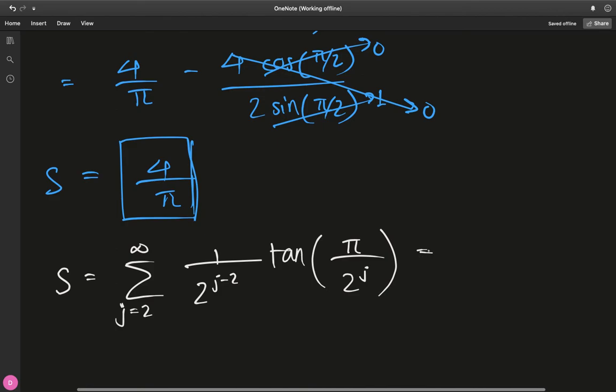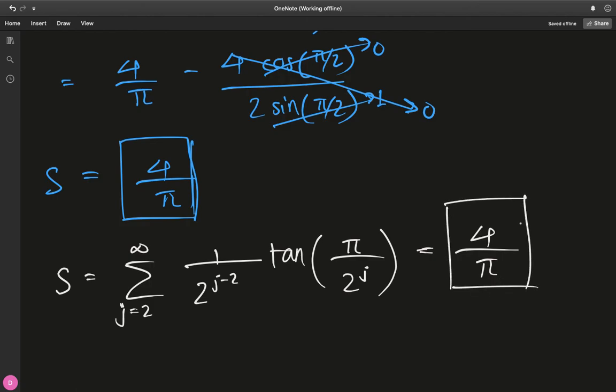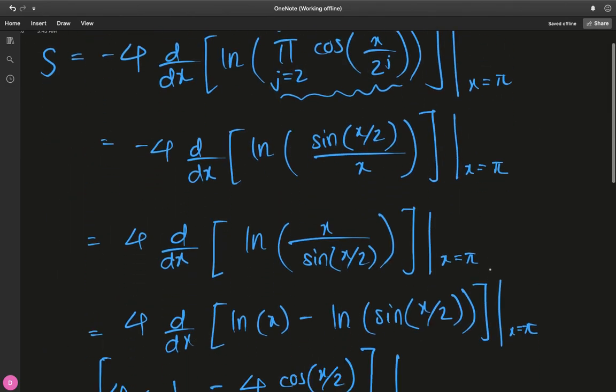And all of this using a very clever observation of obtaining natural logs inside a derivative, and then using the good behavior of natural logs on sums to get products inside arguments, and then making the products telescope, and then reducing everything using L'Hopital's rule to a final value, and then plugging in the point where we are calculating the derivative, we get 4 over pi. So there was a lot of stuff we did, and it was an elegant solution, truly, if you ask me. One of the most elegant solutions we've come across so far when calculating our infinite series.